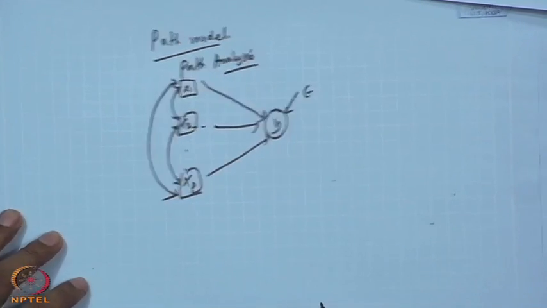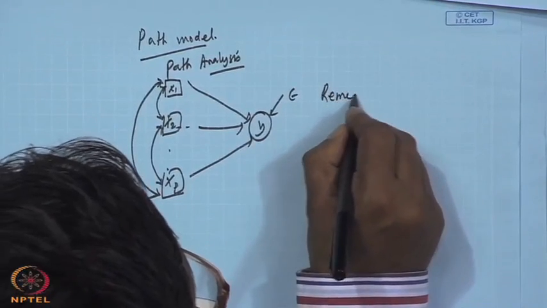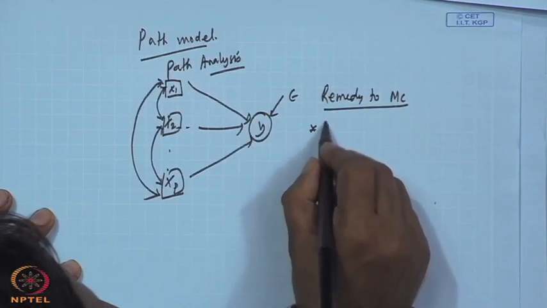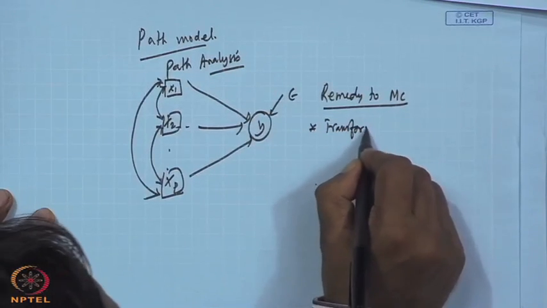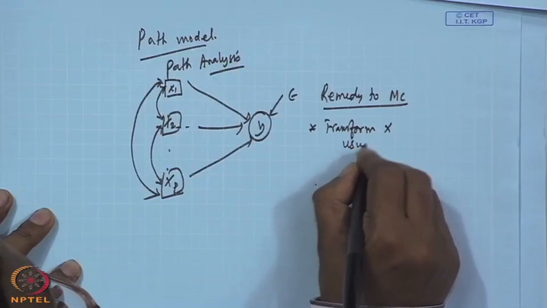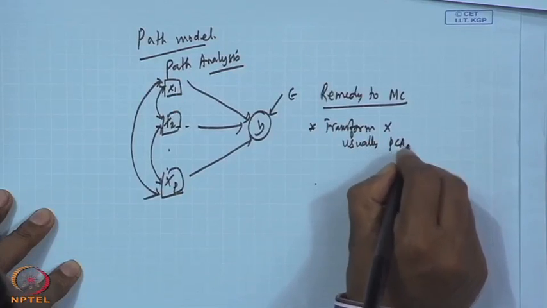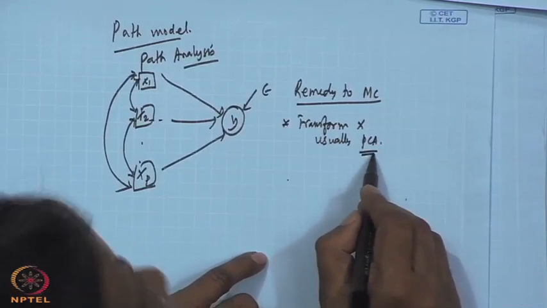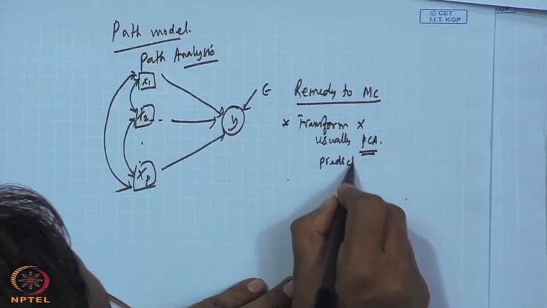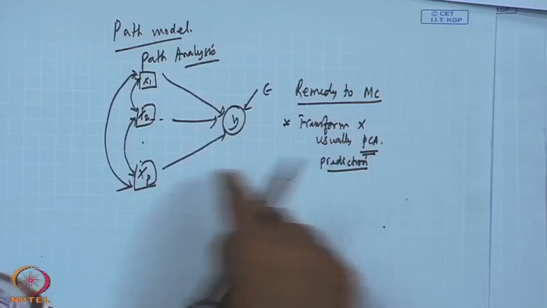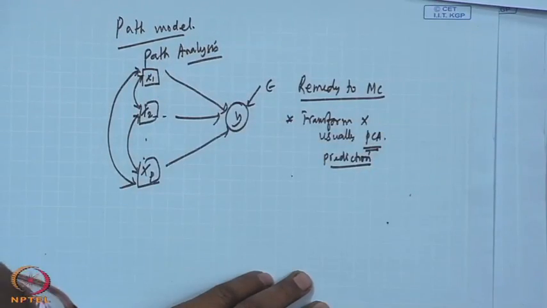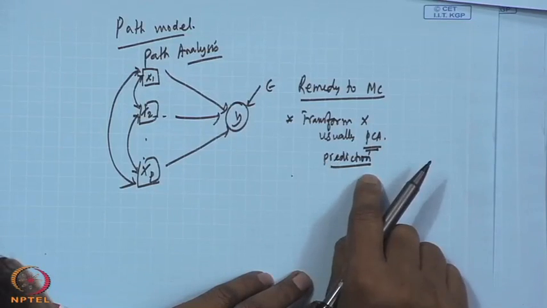Okay. So, what remedies to multicollinearity have we discussed? One is to transform the data, transform x, that is usually PCA. Here PCA is possible only if your interest is prediction, because you do not bother about what scale the original data is transformed to, but you want to predict, then fine.